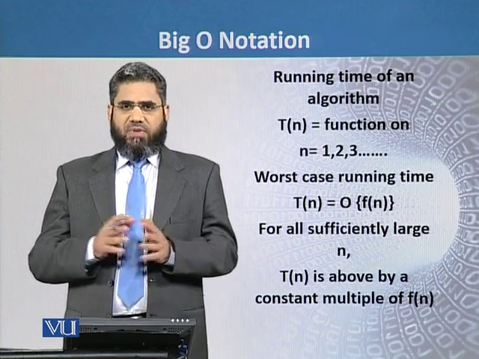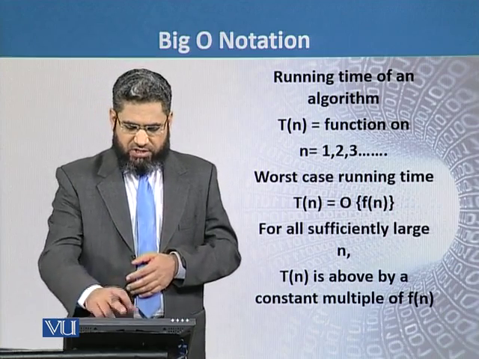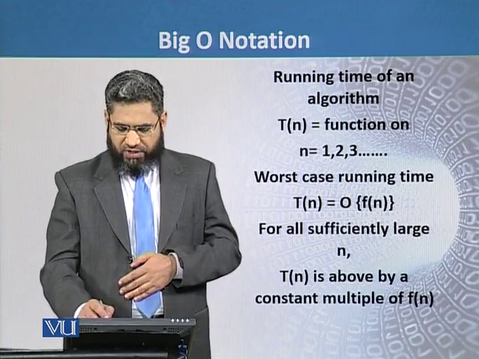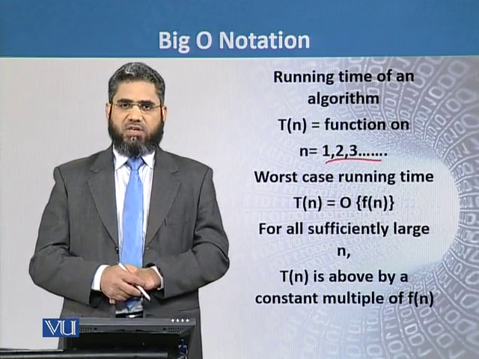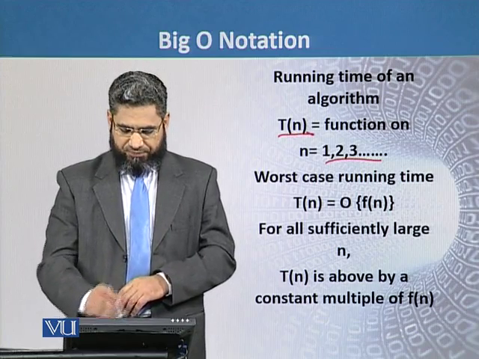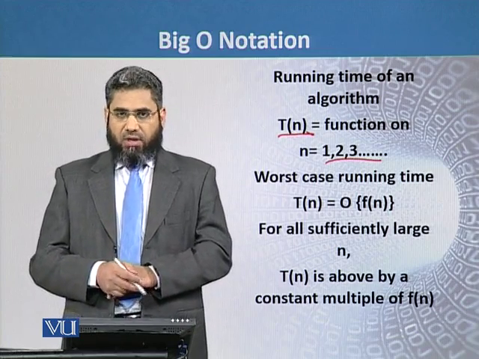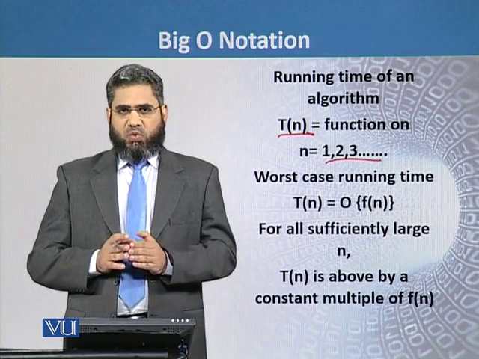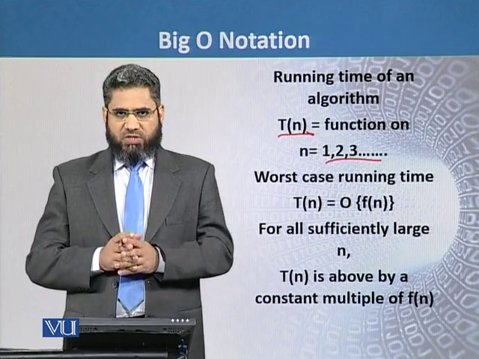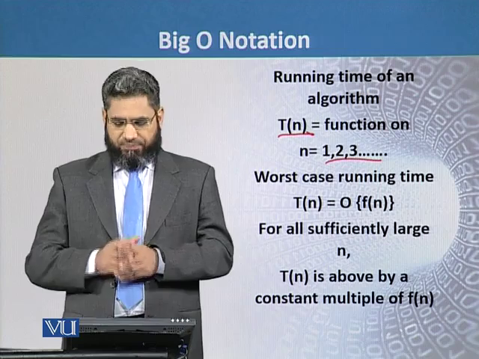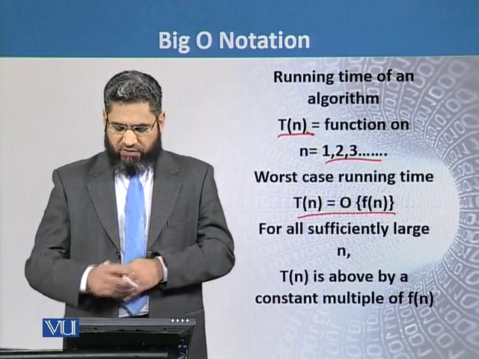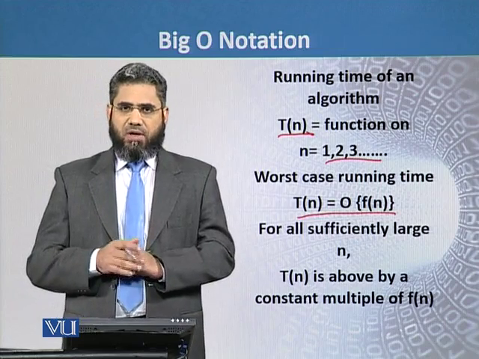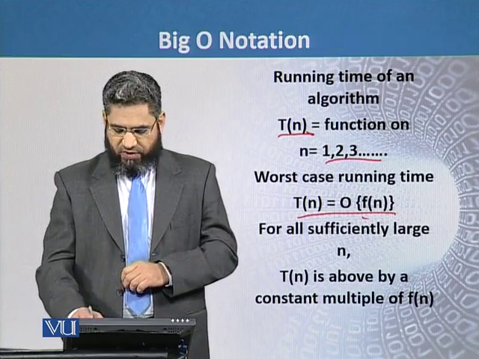So basically the big O notation is the function that we assign to positive integers, and we generally call it T(n). Our target is to find out the worst running time of an algorithm. We have to find the big O of function f(n).